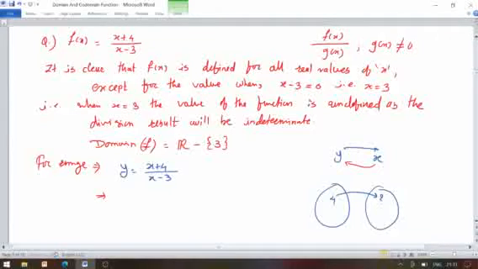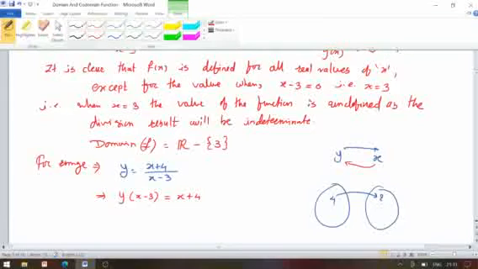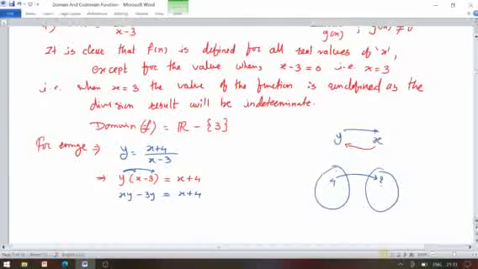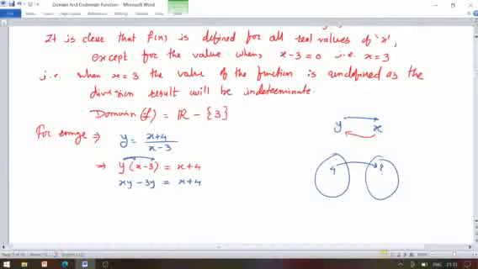So that implies, shifting the denominator from RHS to LHS, it becomes a multiplier to the whole LHS and gives us y into x minus 3 equals x plus 4. After distributing y over the bracket, we have x into y minus 3y equals x plus 4. Now we have to express variable x in terms of y.